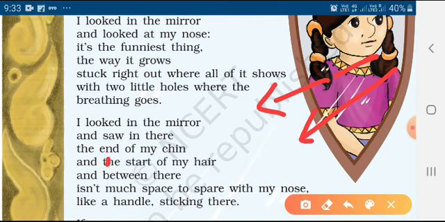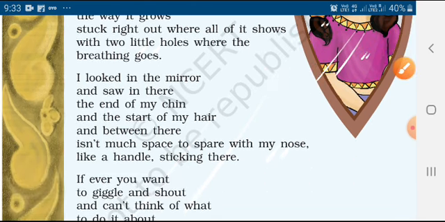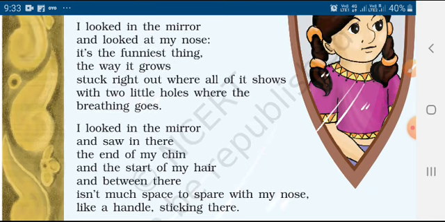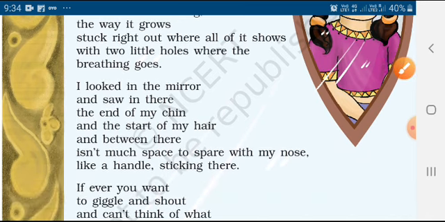Okay, now the next line: and between there isn't much space to spare with my nose like a handle sticking there. She is saying there isn't much space, there is not too much space between nose and lip, so there is not too much space.